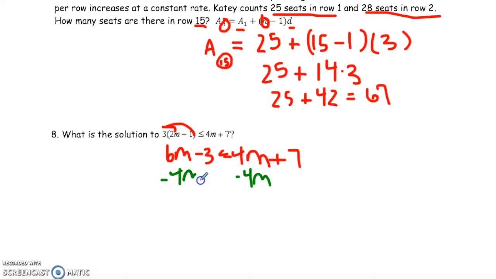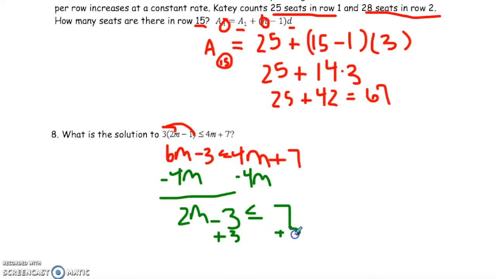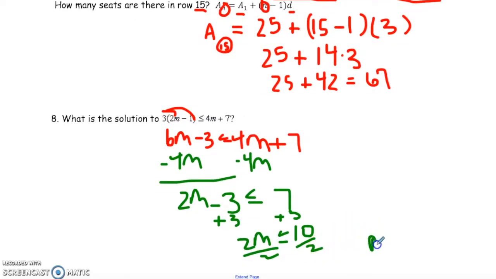So we're going to have 2m minus 3 is less than or equal to 7. Bring over that 3. It doesn't seem like there's going to be any symbol change. So we have 2m, this is a piece of cake, it's 10. And we divide both sides by 2. You get that m is less than or equal to 5.